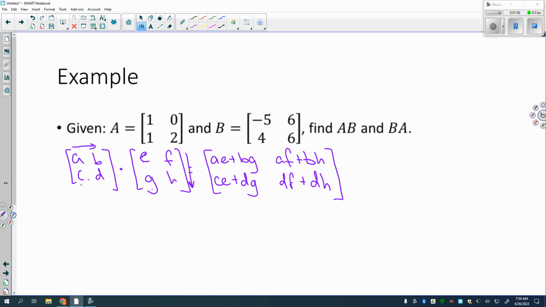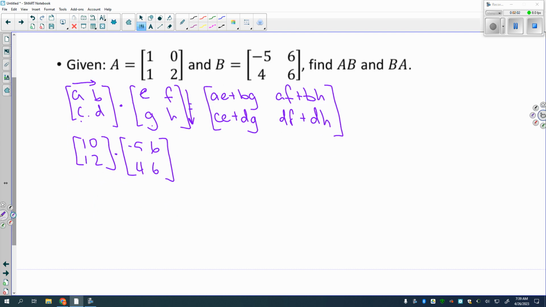So when I take 1, 0, 1, 2, and I multiply that by this B, -5, 6, 4, 6, multiplying these together, it's 1 times -5 plus 0 times 4.